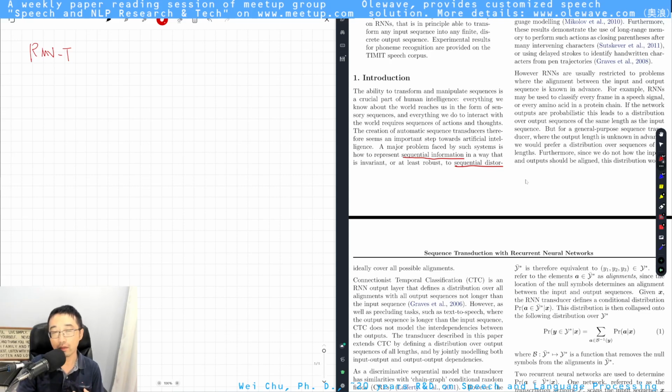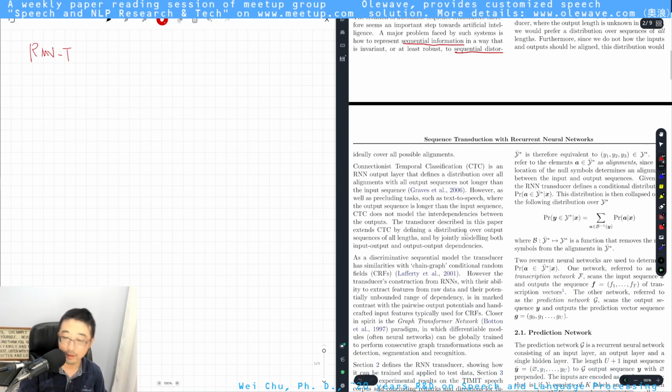According to my knowledge, before him, nobody talked about how the input of the RNN and output of the RNN could be aligned. And he did mention a very interesting thing, called connectionist temporal classification, or CTC.